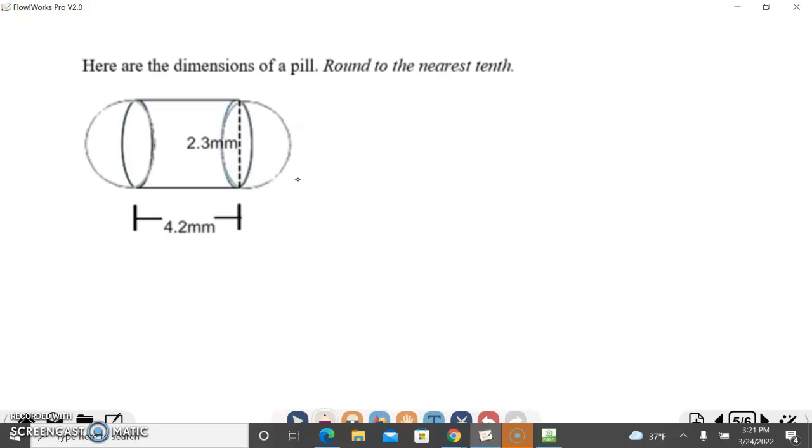We need to know the radius. The height of the cylinder here is 4.2, and then the diameter going all the way across this circle is 2.3. So we need to know what's half of 2.3. So the radius is going to be half of 2.3, which would be 1.15.